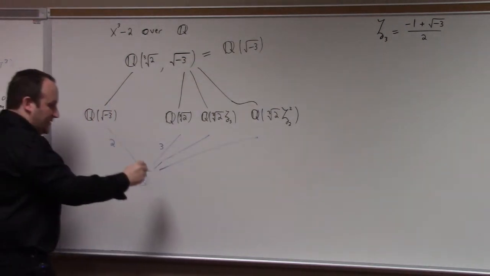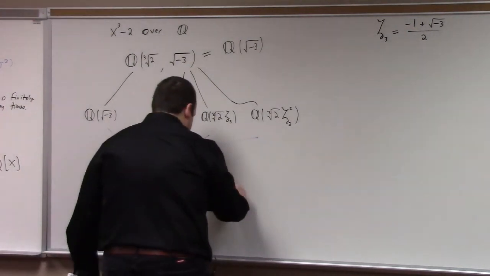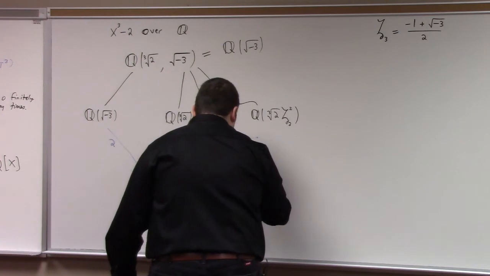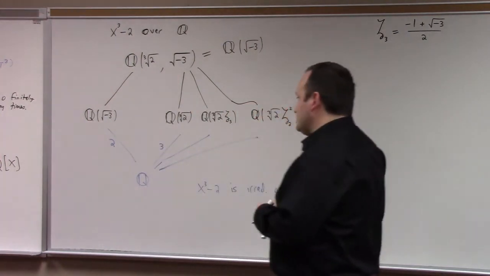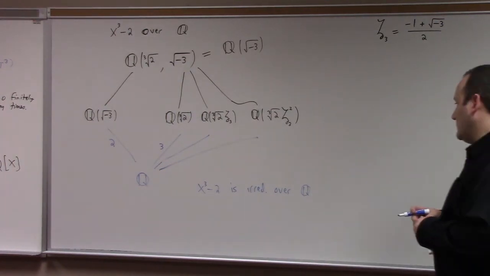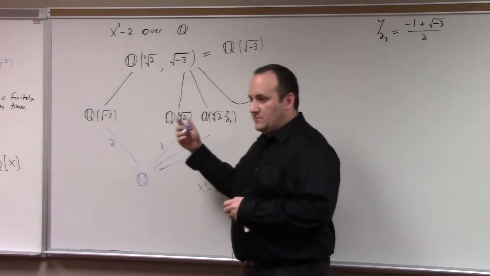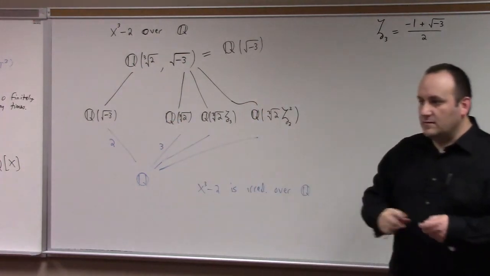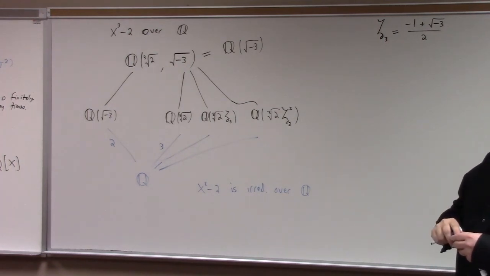I know that because x cubed minus 2 is irreducible over Q, right? And so that's what this is. This is isomorphic to Q adjoin x mod x cubed minus 2, right?